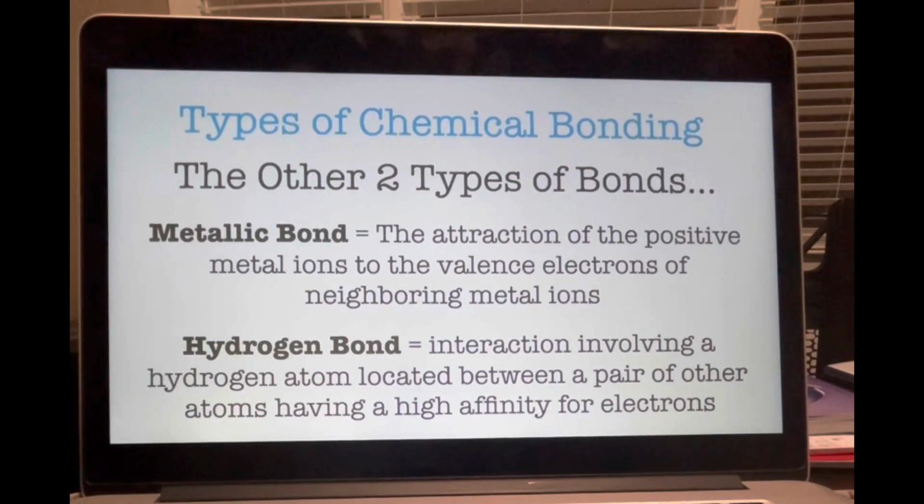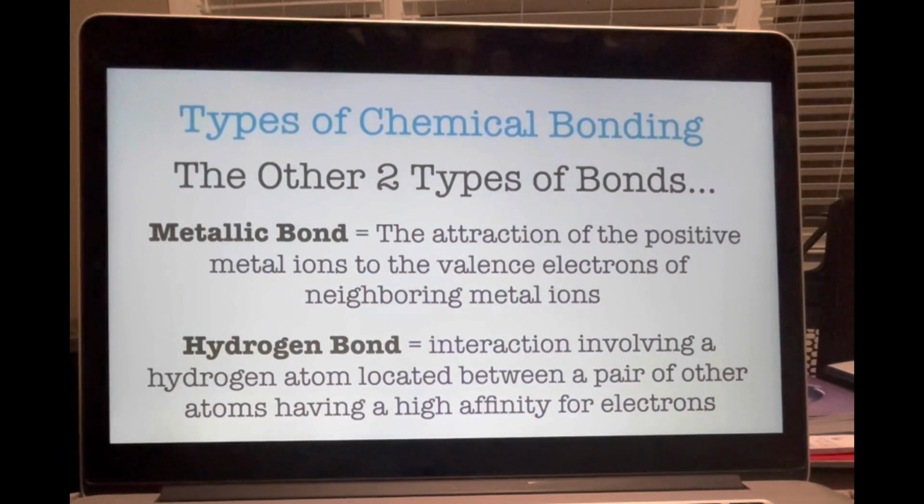These freely moving valence electrons are what makes metals good conductors of electricity. Again, they're moving electrons. The attraction of the positive metal ions to the valence electrons of neighboring metal ions is called a metallic bond. The metal ions and the constantly moving valence electrons form a lattice-like structure held together by the metallic bonds. This is also why metals are malleable.